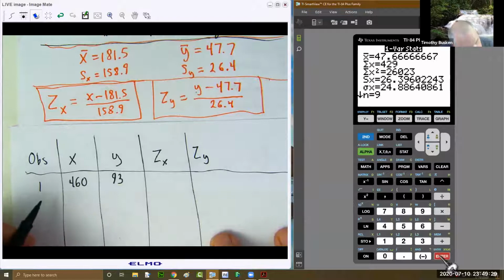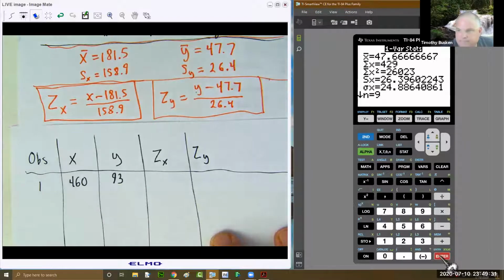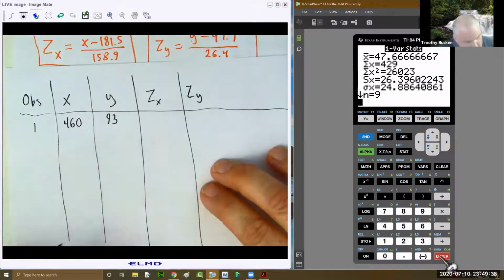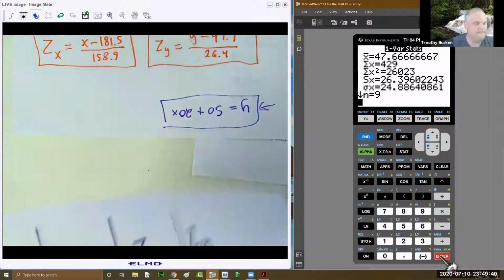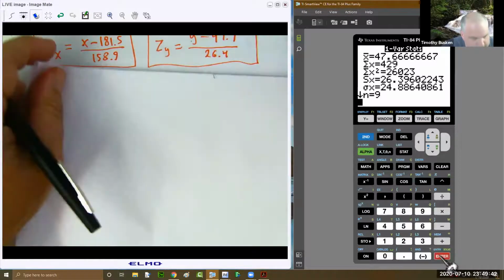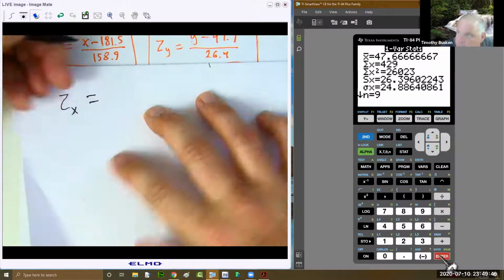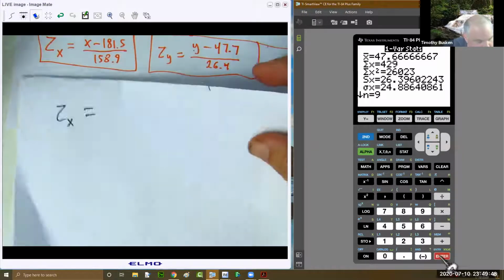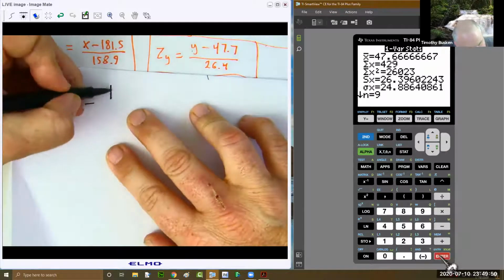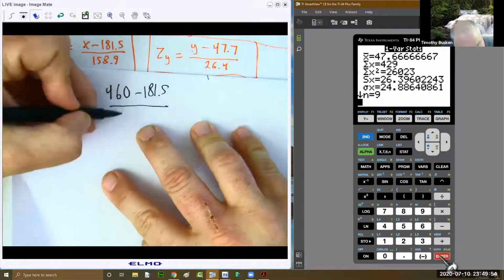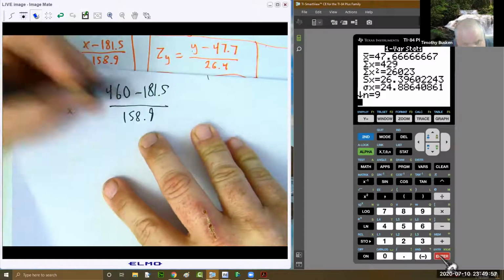observations. Okay, so to get that done, I guess I'll come down here. So zx, that's just going to be 460 minus 181.5 divided by 158.9.